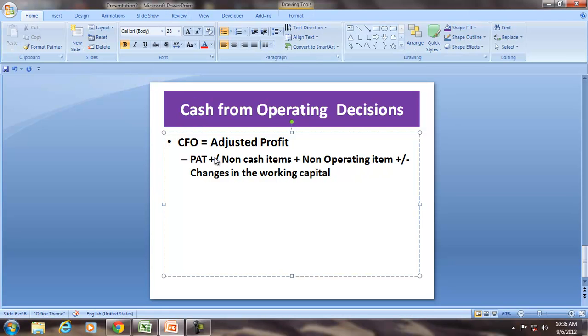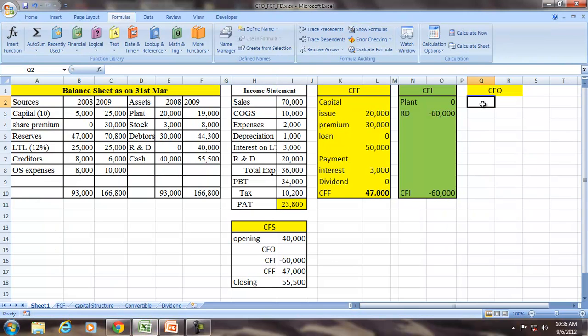So if the profit is given and if the relevant balance sheet items are available, it is possible to find the CFO. Let us see that.